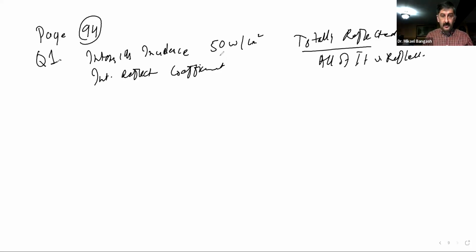But because they ask about the coefficient, the answer is going to be a percentage. That mainly means it's going to be 100% of it. Clear? Did that make sense? Yes.